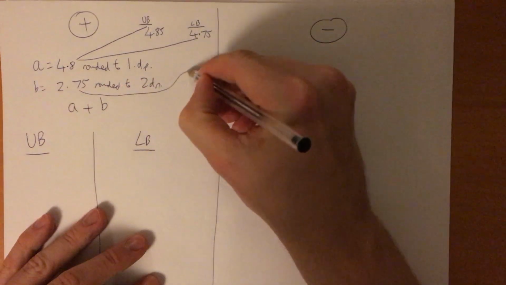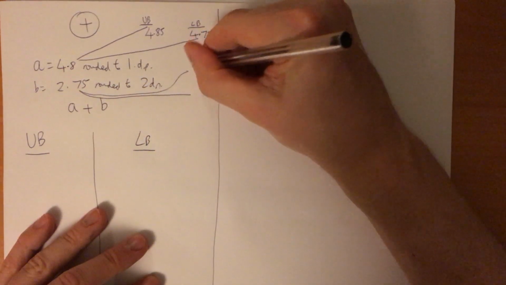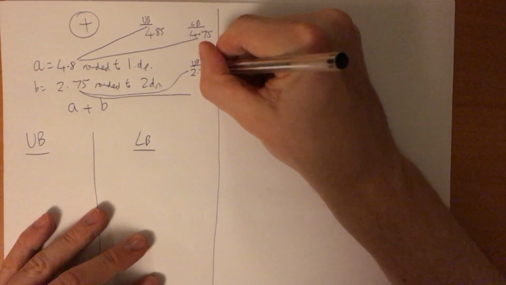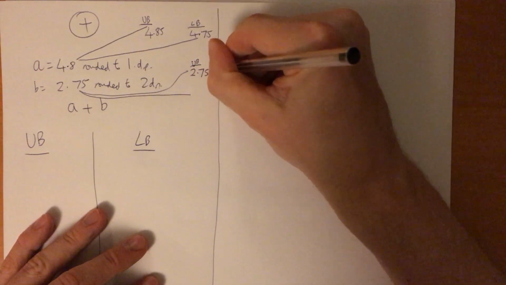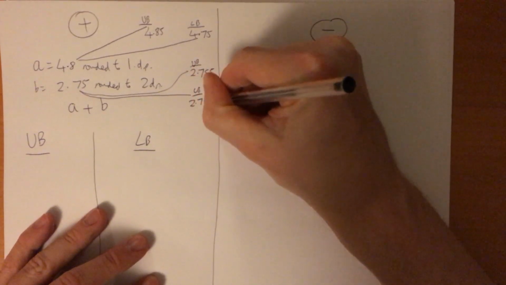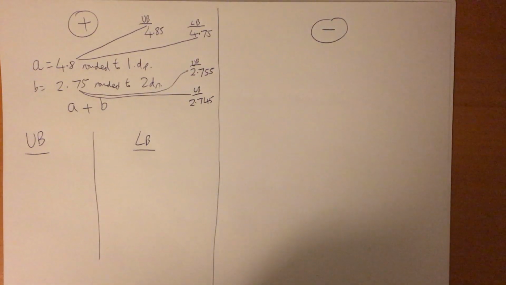And for 2.75, when rounded to 2 decimal places, the upper bound is going to be 2.755, and the lower bound is going to be 2.745. Okay, so if you're struggling with that, guys, please watch the first video again.